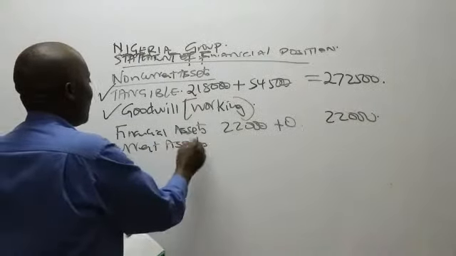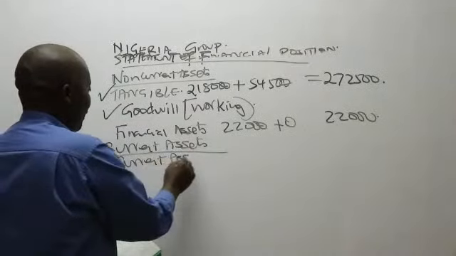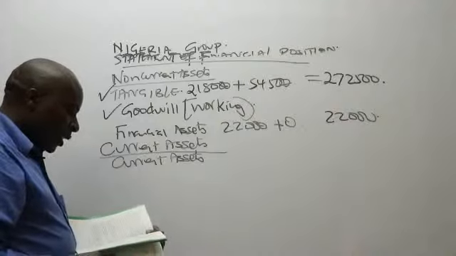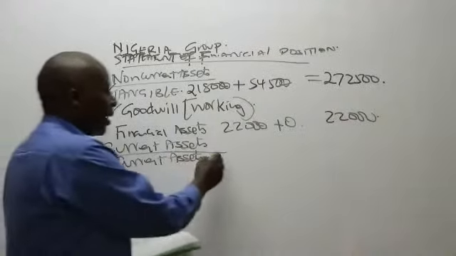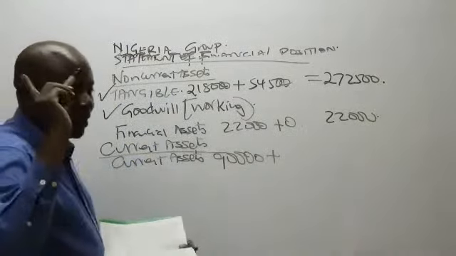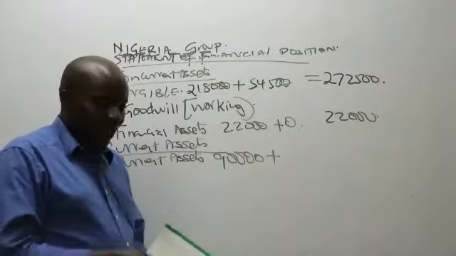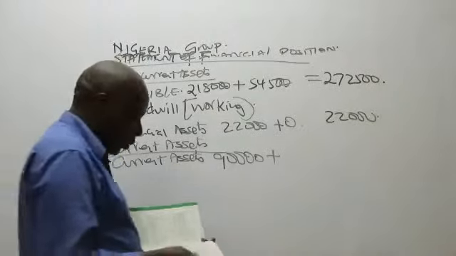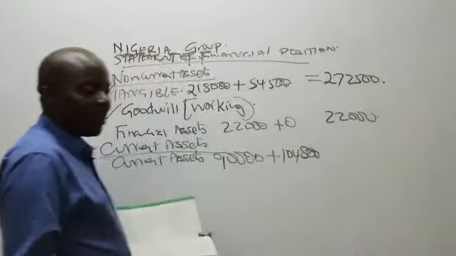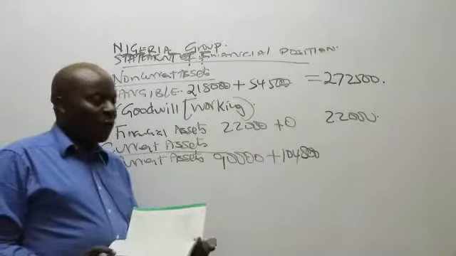From there now we have the current assets. They've only given me one name there, consolidated name. I'll take the one of the parent, which is $90,000, plus the translated one of the subsidiary that we are done, which is 104,800.